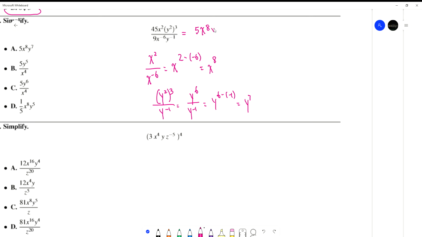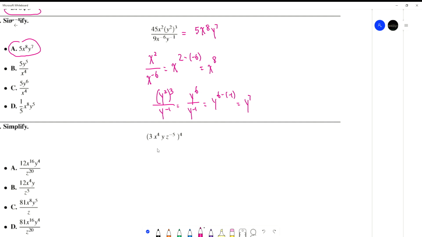And that gives us 5x to the 8th, y to the 7th. And I see that is answer choice A. And if you have any questions, please type in chat as we go along so that you don't have any confusion.